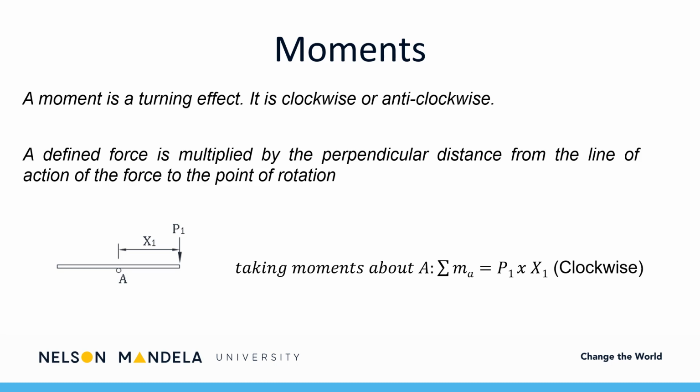As long as you assign the same sign to the same rotation. If they all go in the clockwise direction, you can assign positive. If one is going clockwise and the other anti-clockwise, just assign different signs to take into account that they are going in opposite directions. I'm repeating again, there is no such thing as clockwise is positive and anti-clockwise is negative.